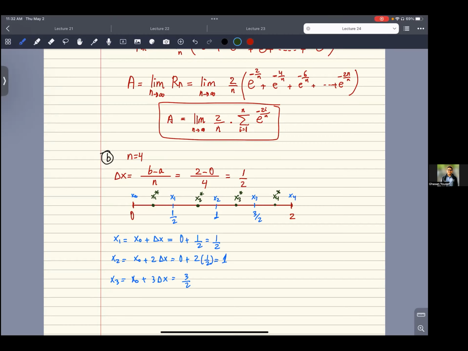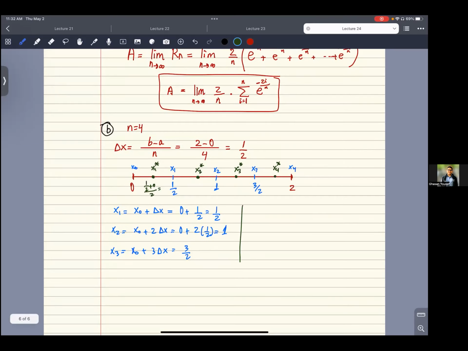It's 1/2 plus 0 over 2, which is 1 over 4. Correct? So this point is 1 over 4. This is what I need.